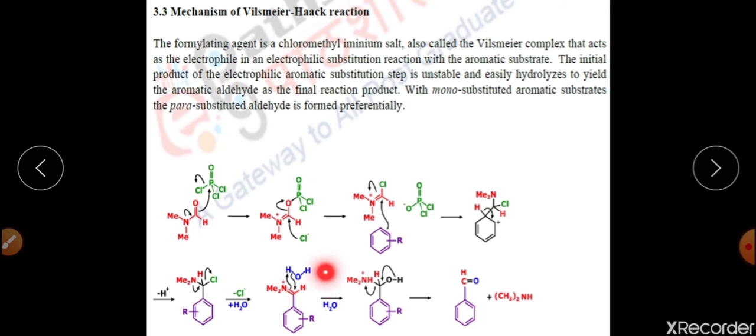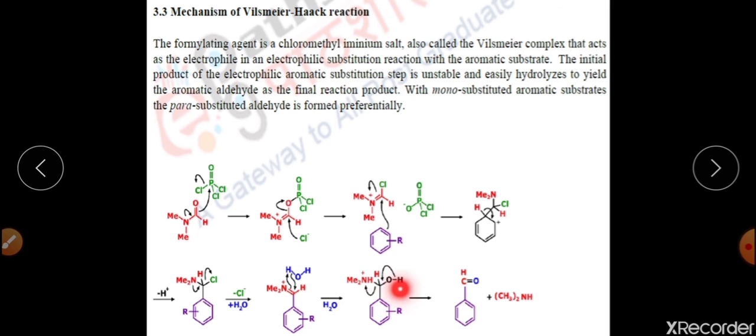And finally it will be formylated by using water molecule. And how will it be formylated? The mechanism is this: the double bond between carbon and nitrogen will attack on hydrogen, and the OH negative will attack on this particular carbon, because there is a carbon nitrogen double bond and nitrogen is electronegative. So this electron will move towards nitrogen, making this particular carbon partially positively charged. So the OH negative will attack on this particular carbon, so it contains the OH, and this nitrogen will carry the hydrogen, and NH positive is here.